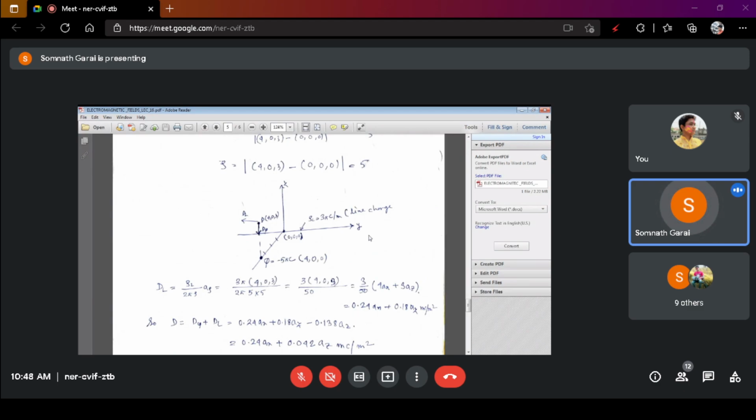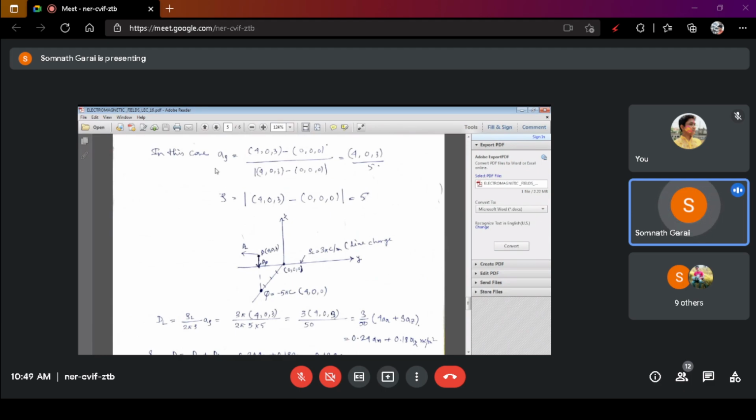Now we can calculate the A rho. A rho we can calculate from the origin.